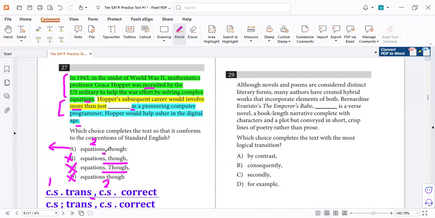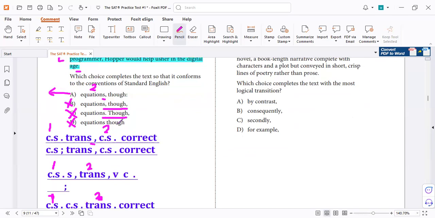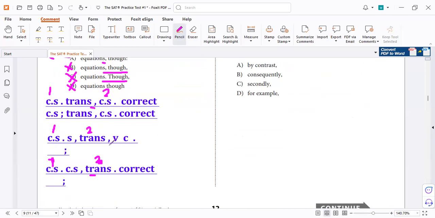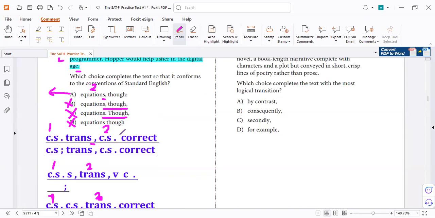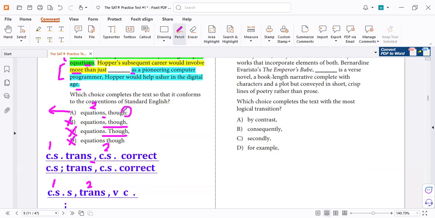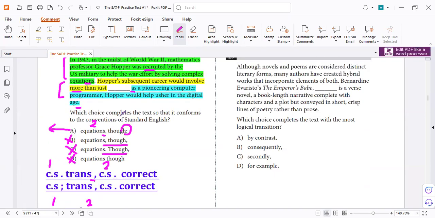So your transition word is positioned at the end. At the end, so it must be a comma before. Look, and then you use a colon. So before the colon, it's complete. And after the colon, it's an explanation of something before. So no problem, as we know for the colon.